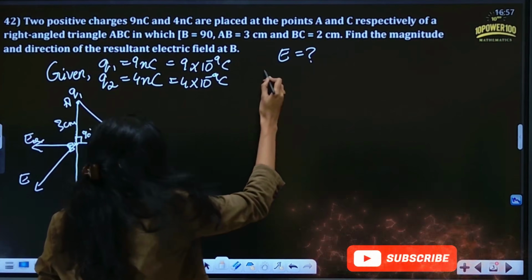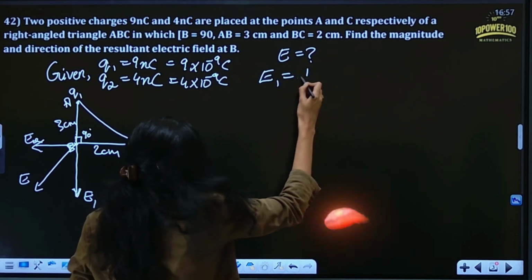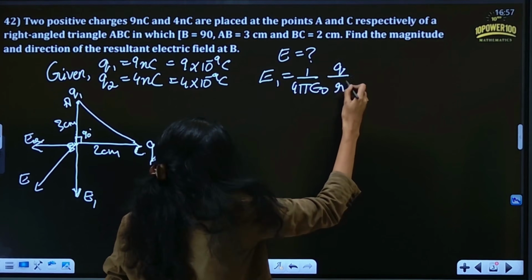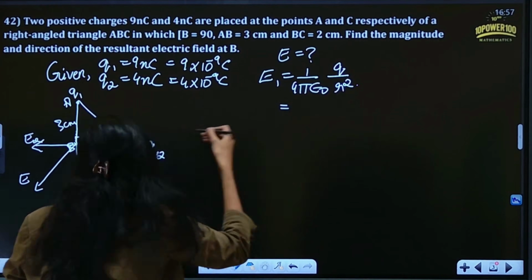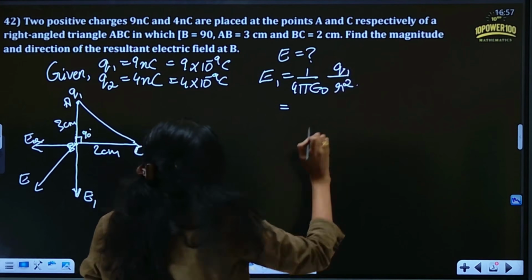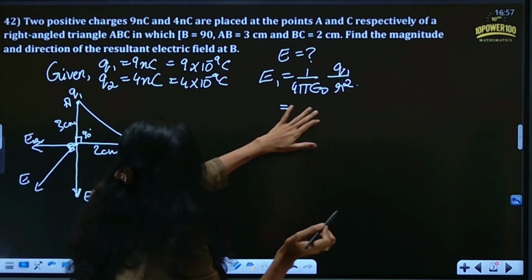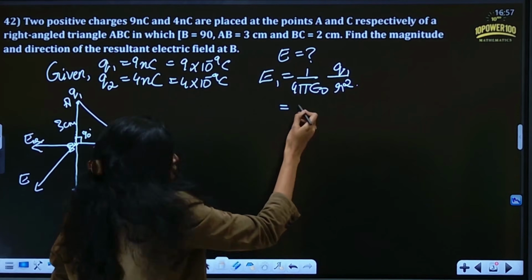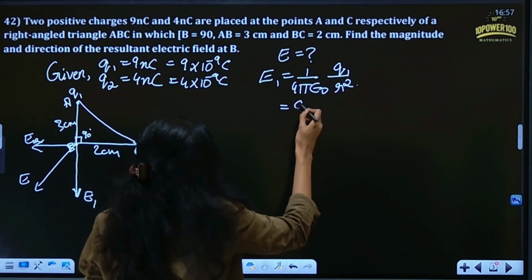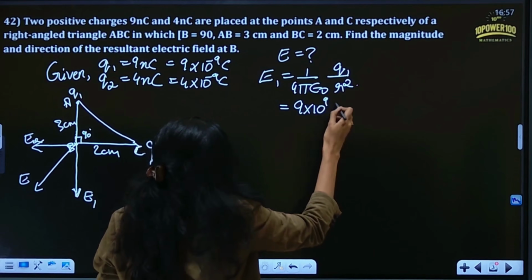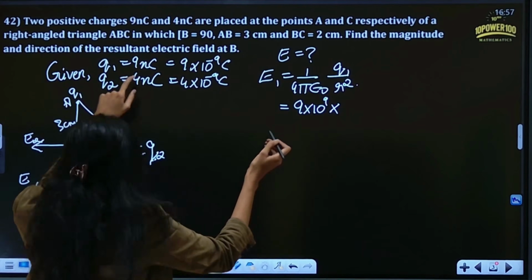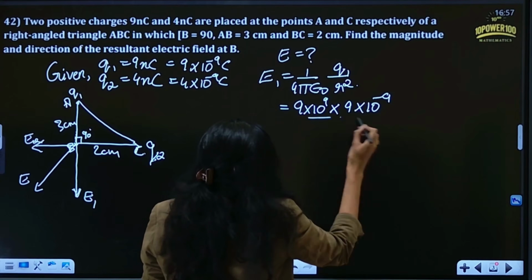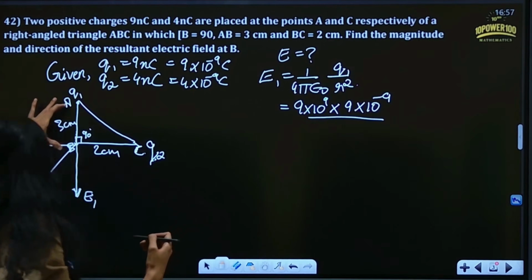We know that the formula for E1 equals 1 by 4 pi epsilon naught Q1 by r square, where r is AB. The value of 1 by 4 pi epsilon naught is 9 into 10 power 9, and Q1 is 9 into 10 power minus 9, divided by the distance square, AB square.